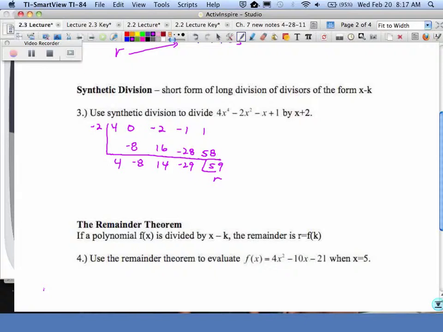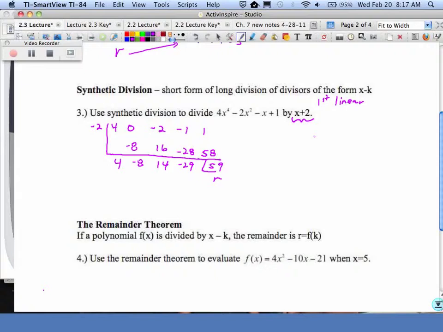So, where did I get the negative 2? This is first degree, or linear. We're only going to use synthetic division when it's a linear factor. We're not using it for dividing by x squared or x cubed.